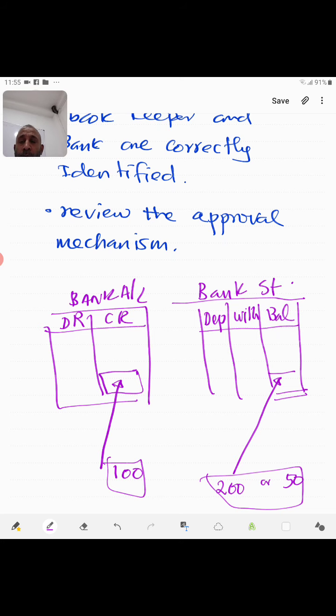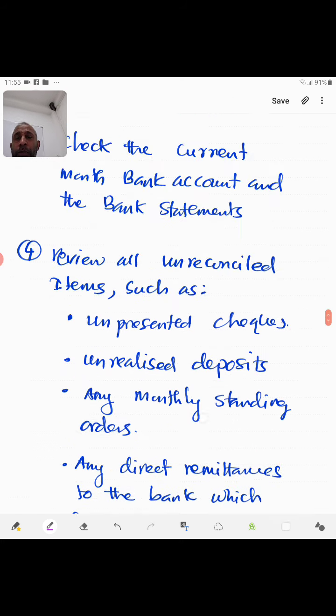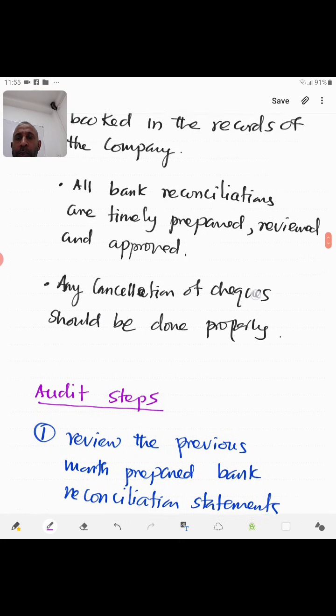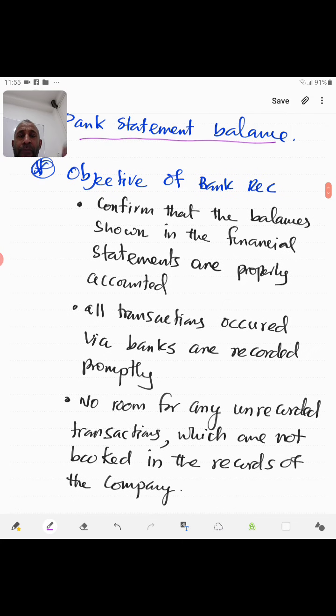The first is to confirm that the balances shown in the financial statement are properly accounted. We have to provide an opinion on the balances in the statement of financial position, so we have to confirm these balances arrived in a fair manner. That is one reason why we have to perform an audit of the bank reconciliation statement.